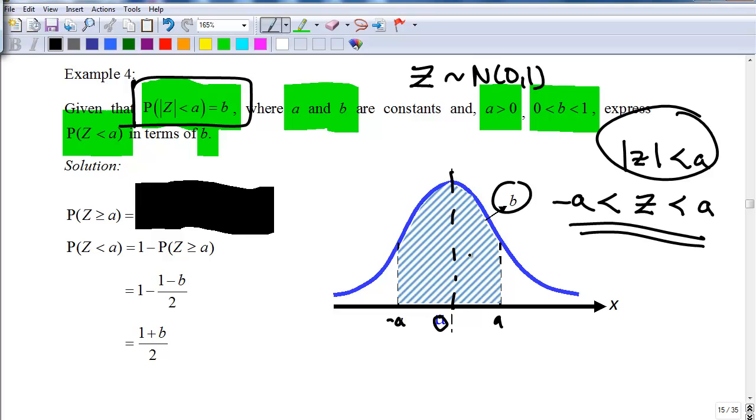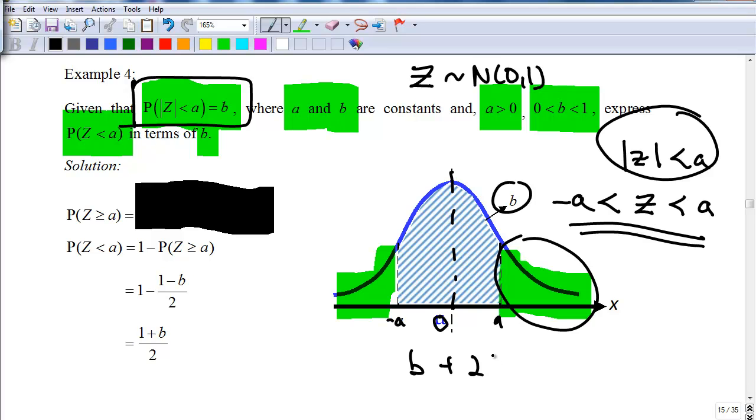Now, this graph is symmetric about z equals 0. This means that this region here, this area on the graph, is the same as this area on the graph. Then isn't b, the area that is shaded in blue, plus 2 times the area that is shaded in green, that means just this part, which is probability z bigger than or equal to a, equal to 1?